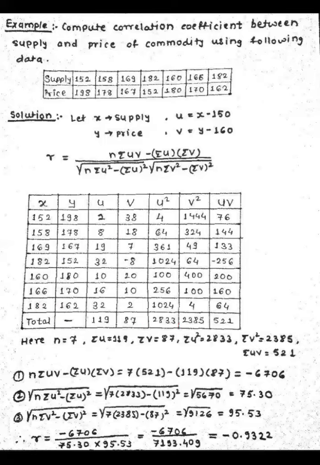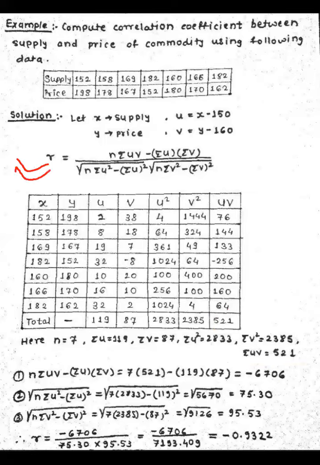And summation of u square is 2833. Similarly, this column represents summation of v square and it is 2385. And the last column represents summation of uv, 521.